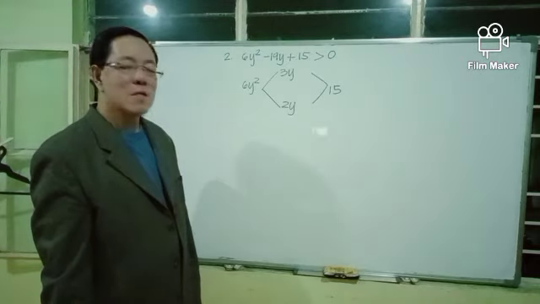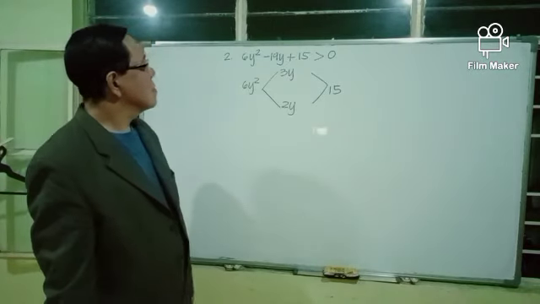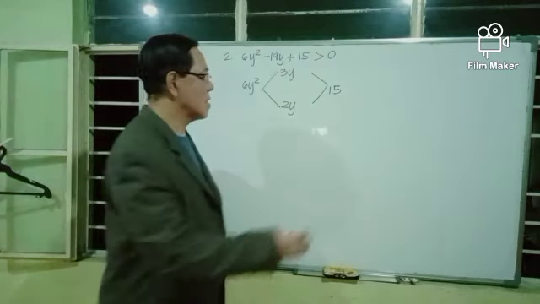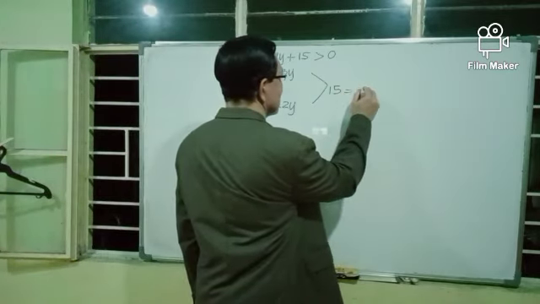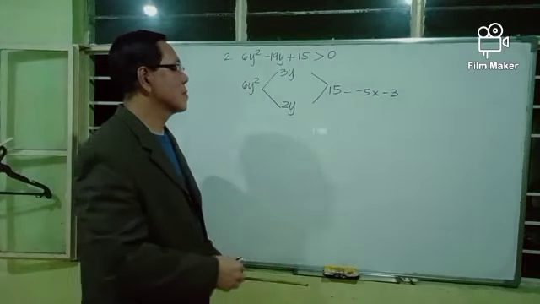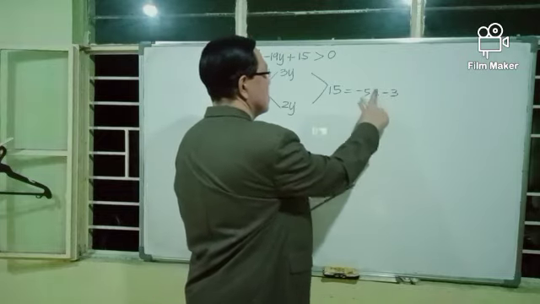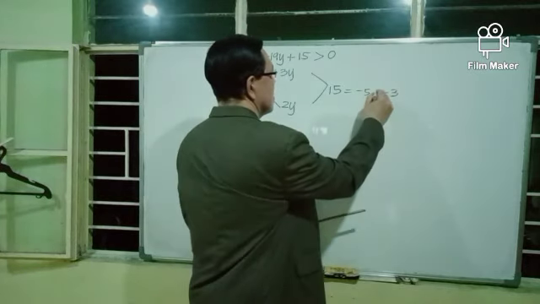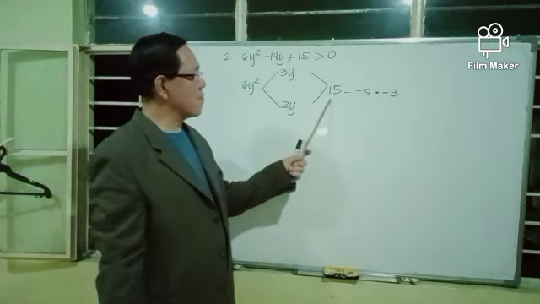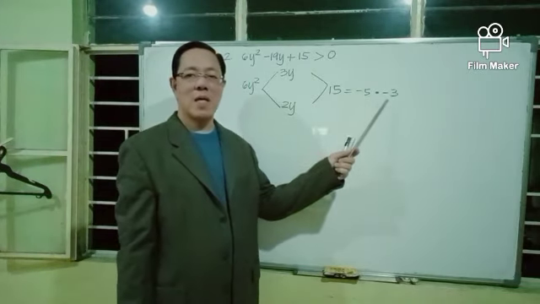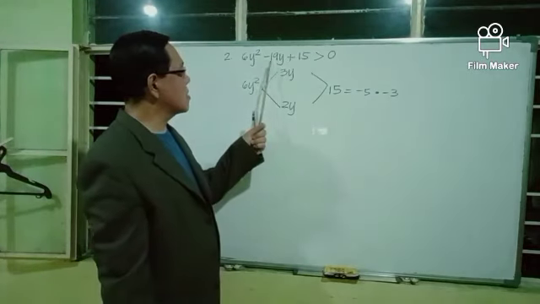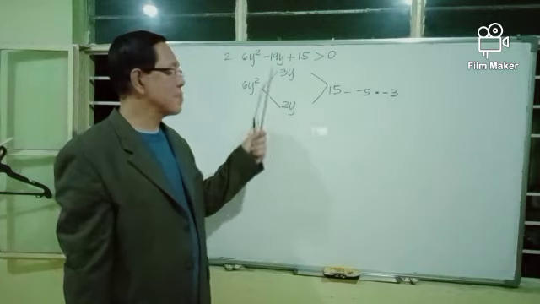But I will use negative 5 and negative 3. I will write positive 15 as the product of negative 5 and negative 3. And I chose negative 5 and negative 3 because the middle term is negative.